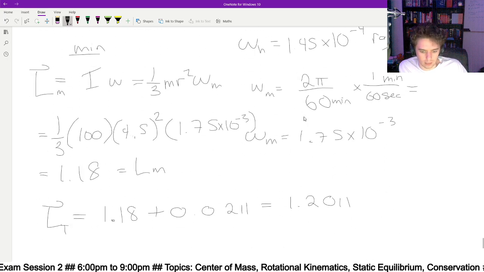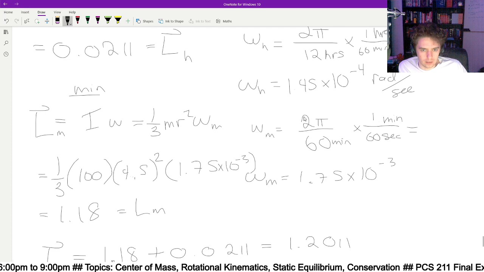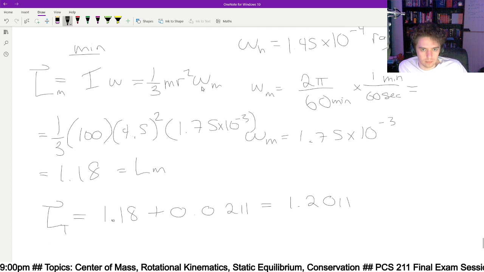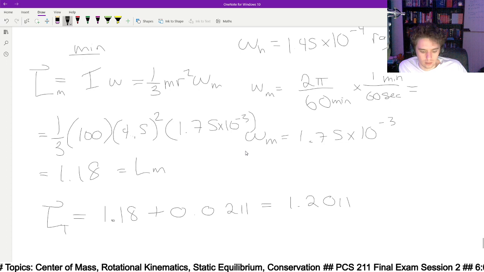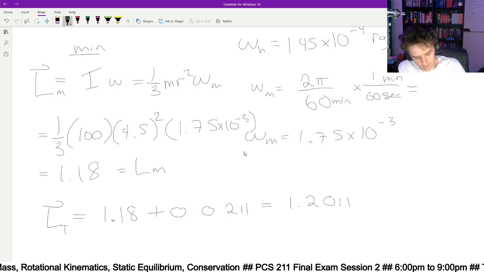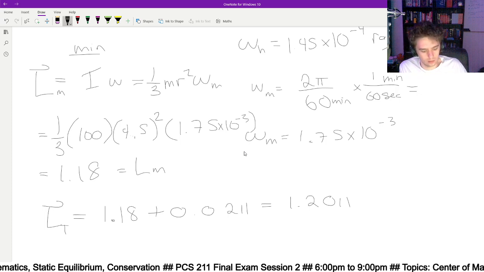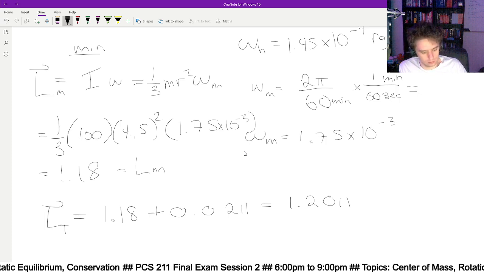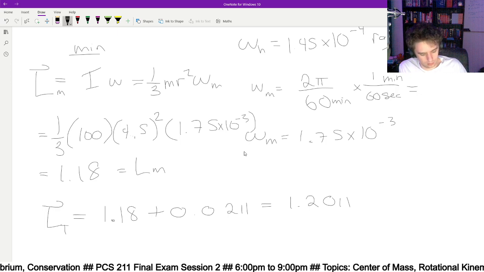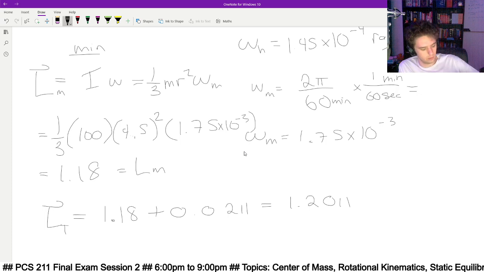So what would the units of that be? That would be, let's see, what would that be? No, probably shouldn't be in this book. Does anybody know what the units are supposed to be on that?